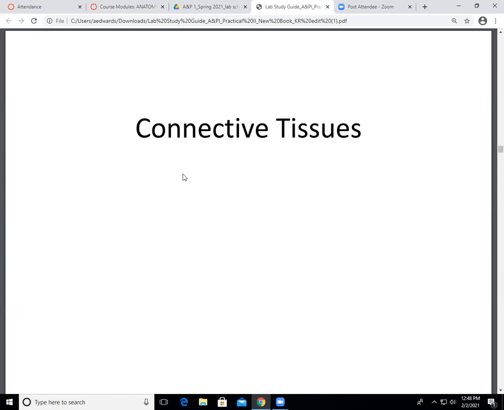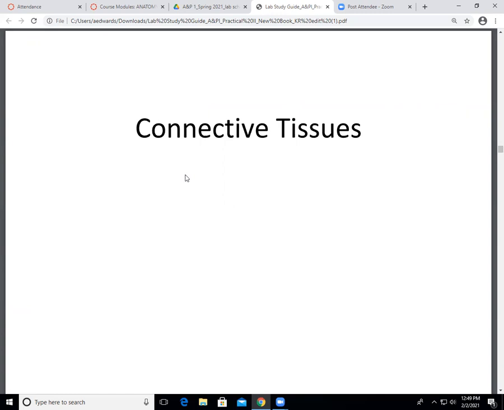Stratified cuboidal. If it's multiple layers of rectangular shaped cells, it's stratified columnar. Good. If the cells go between being stretched and being relaxed, then it is what? Transitional epithelium. So that's the kind of stuff we want to be able to do.